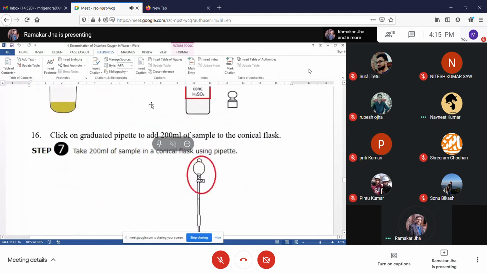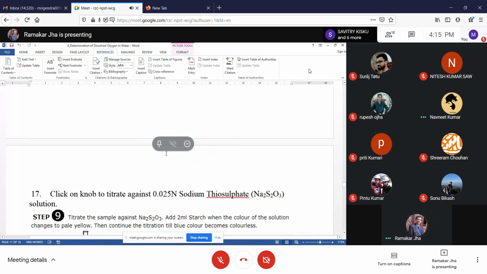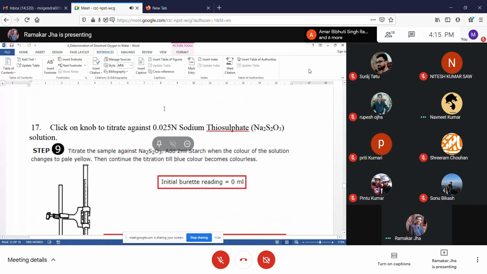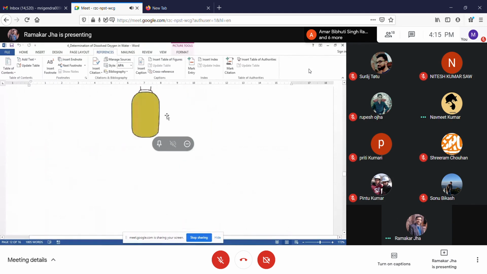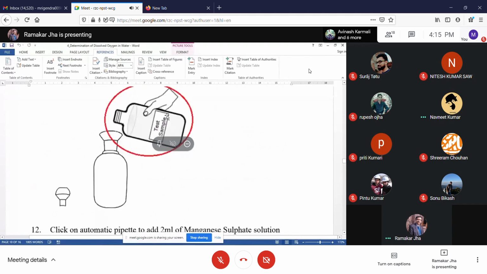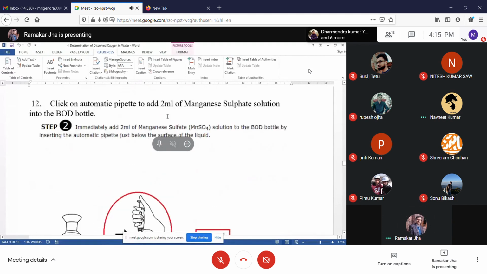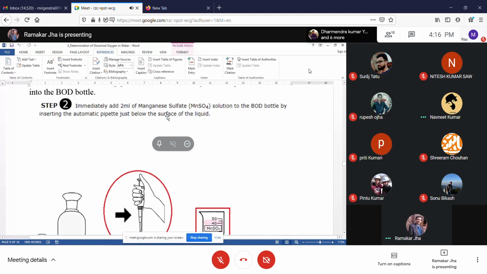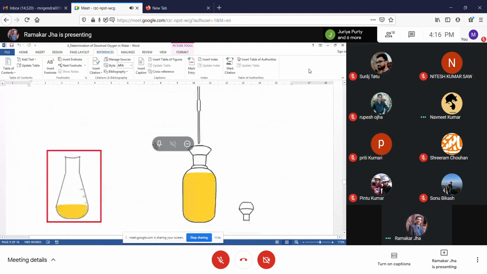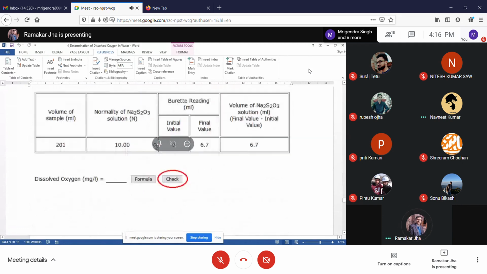Initially I told you a 200 ml conical flask, and then we added initially, anybody who will tell? Here it is given. What we added? MnSO4. Initially we added MnSO4, right?